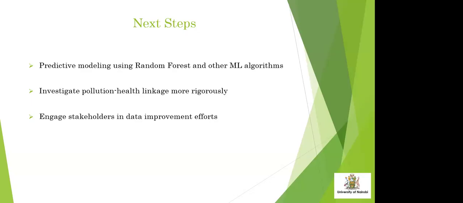Then I will investigate the pollution-health linkage more rigorously, especially by including more variables, possibly such as smoking status and local area instead of Nairobi County in general, and engage stakeholders in data improvement efforts to include sub-constituencies or where people locally stay, to have more informed data for decision making.